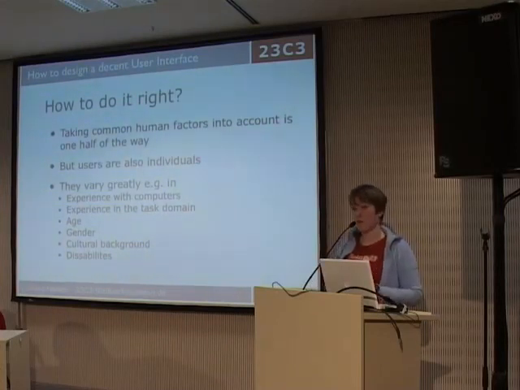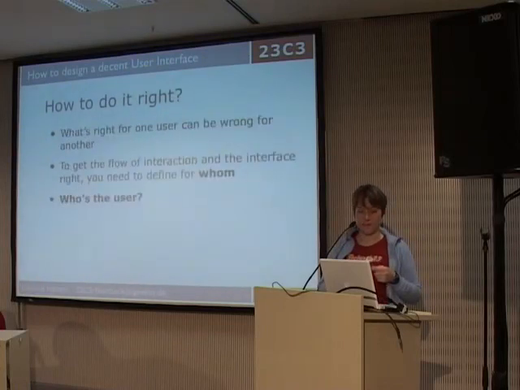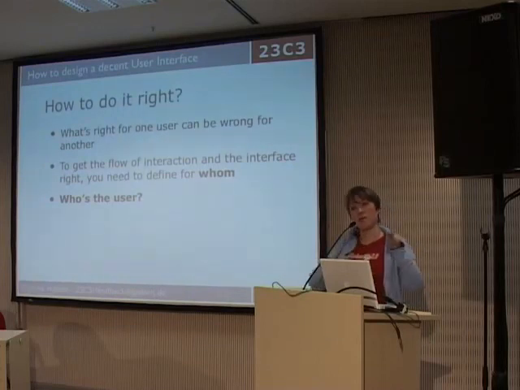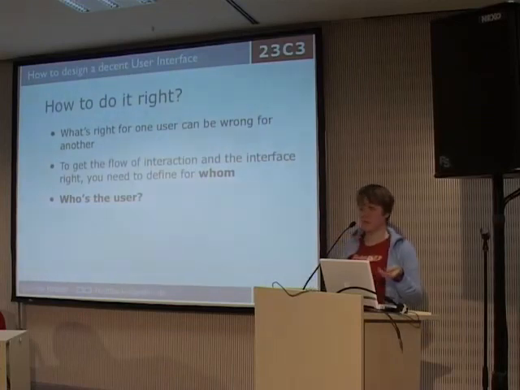We have different cultural backgrounds. Some of us have disabilities. These are all ways in which we differ. And what is right for one user can be completely wrong for another one. And to get the flow of the interaction, the interface and the layout right, we need to define right for whom. Who is our user actually here?